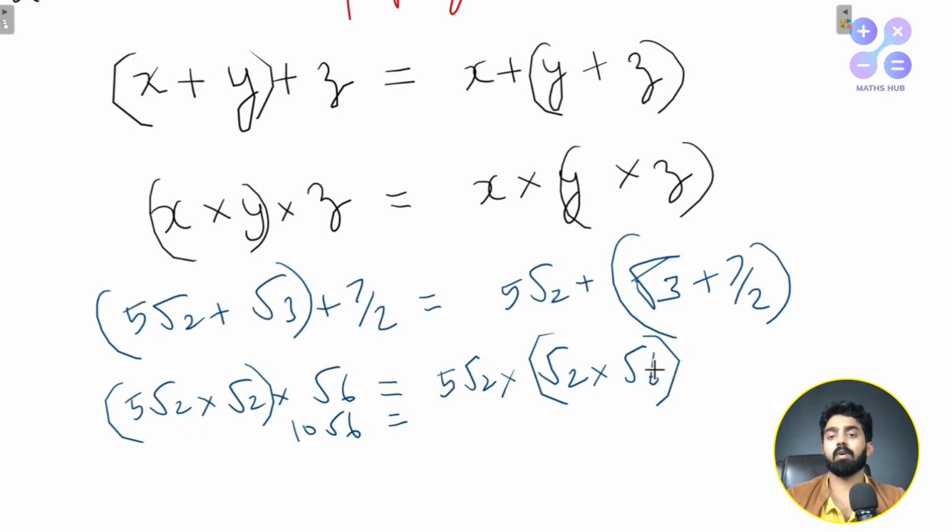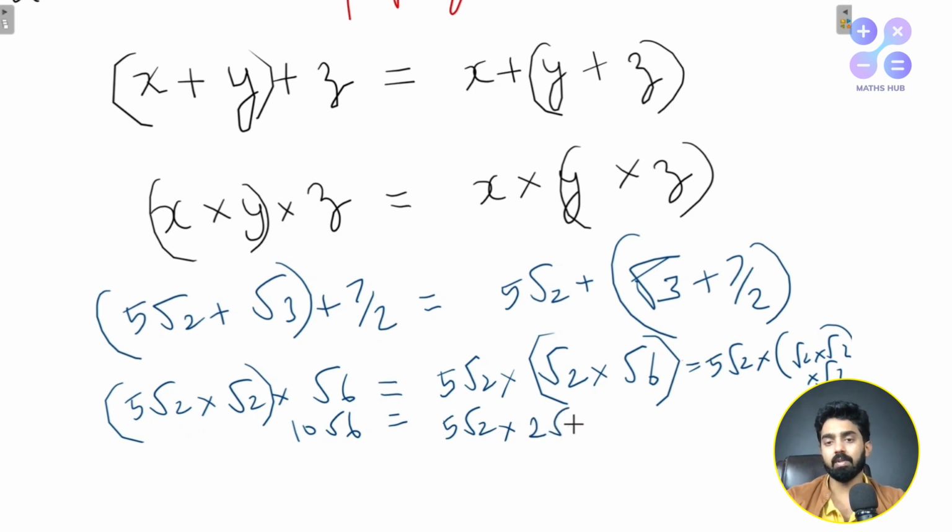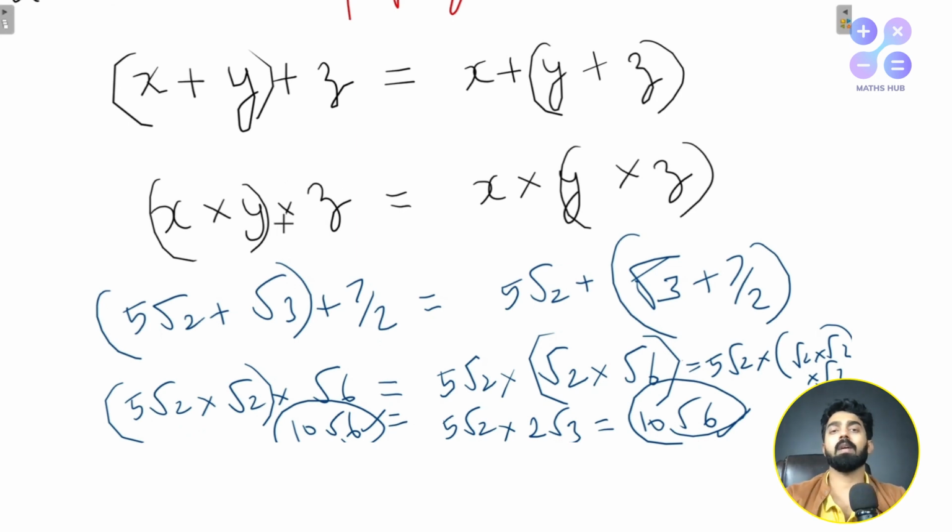Now you can write root 6 as root 2 times root 3. So if you write 5 root 2 times root 2 times root 3, that would be written as 5 root 2 into 2 root 3, which is 5 times 2 is 10, and root 2 into root 3 is again root 6. So you end up with the same thing. No matter which grouping you take, you will end up with the same answer.